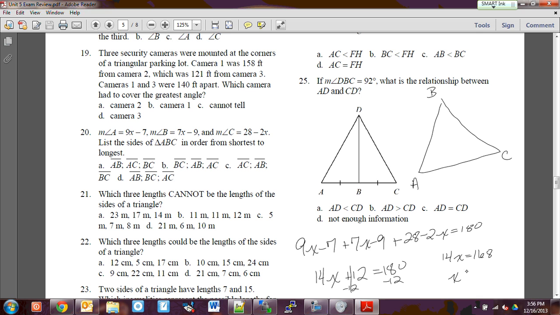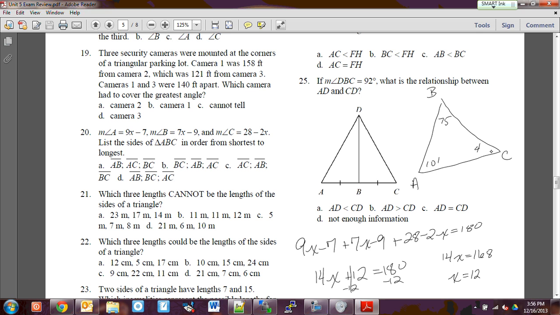So 168 divided by 14 is 12. Now we need to plug that back in. 9 times 12 is 108, minus 7 is 101. And here we have 7x minus 9, which comes out to 75, and then 28 minus 2x, which comes out to 4.